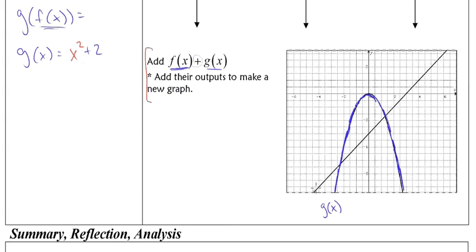F of x will be here in red. And in green, we'll put our result when we add the output. So if I start at x equals 0, well, g of x gives me an output of 0, and f of x gives me an output of 3. So what is 0 plus 3? Well, it's 3. And there's our first point.